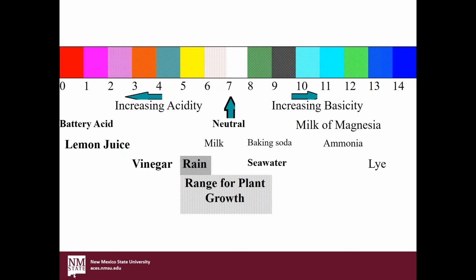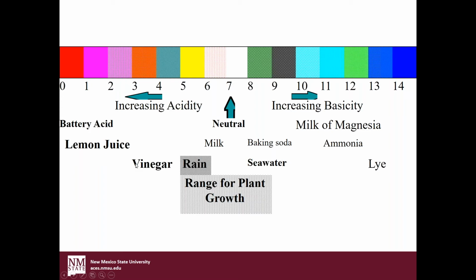Here are some examples of different common things that we could associate with the pH scale. So we have our neutrality. Milk is slightly acidic, but more likely neutral. The battery acids that you have in your cars, it's extremely low. Lemon juice is very low.